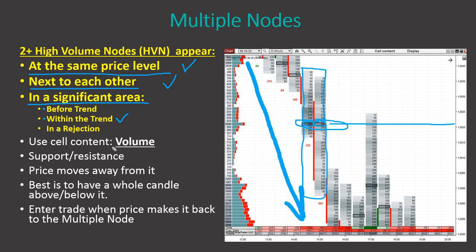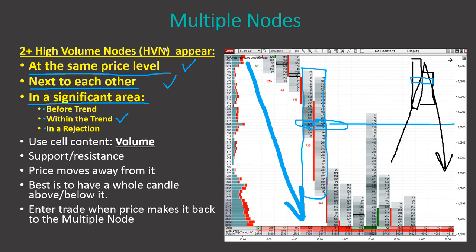Or another significant area is in a rejection. So if there was, for example, a rejection of higher prices like this, the price made a sharp rejection and there were 2 footprints at the top, for example, like this, then you would be looking for a double node in here or a multiple node somewhere within the rejection area.